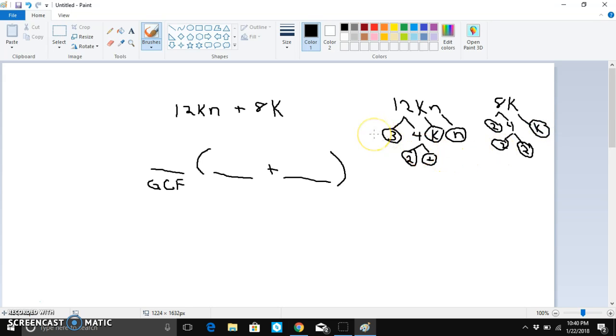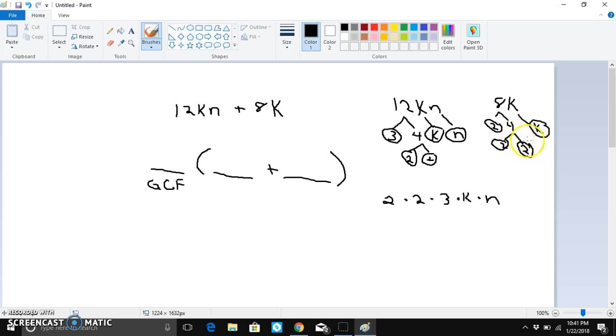Okay, the prime factorization of 12kn, I'm going to do this in order from least to greatest, would be 2 times 2 times 3 times k, and with letters I just usually go alphabetical order, times n.